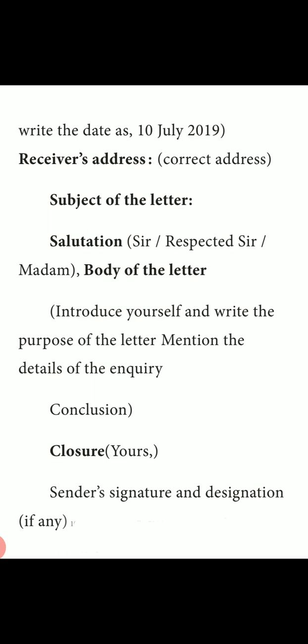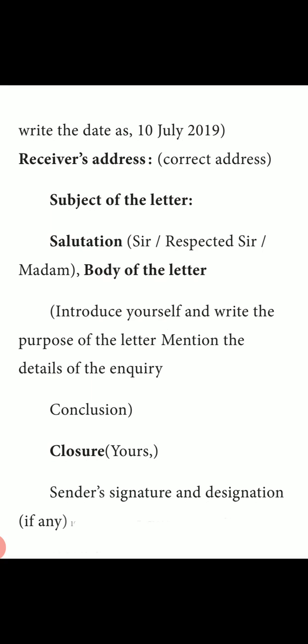Likewise you want to remember one thing, truly spelling T-R-U-L-Y. Okay children. Finally you want to write sender, signature and designation. If any designation is there, no compulsion. If it is applicable you want to write. That is the formal letter format.